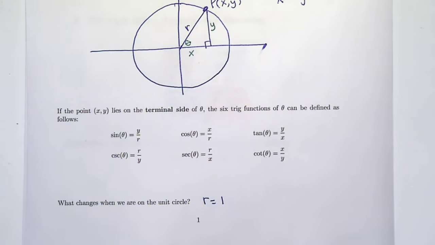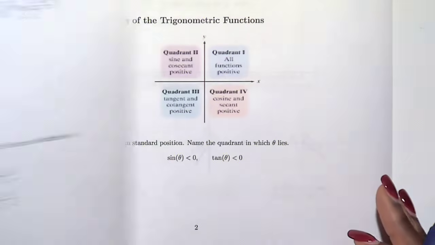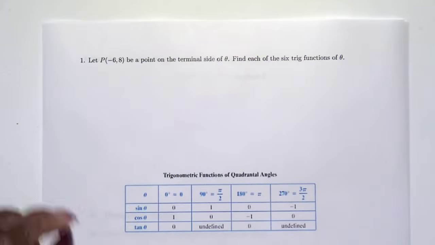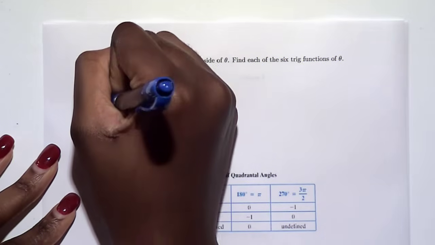Okay, let's do some examples. Number 1 says, let (-6, 8) be a point on the terminal side of our angle, and we want to find each of the six trig functions of our angle. First, let's find our point. Let's draw an xy plane over here to the side.